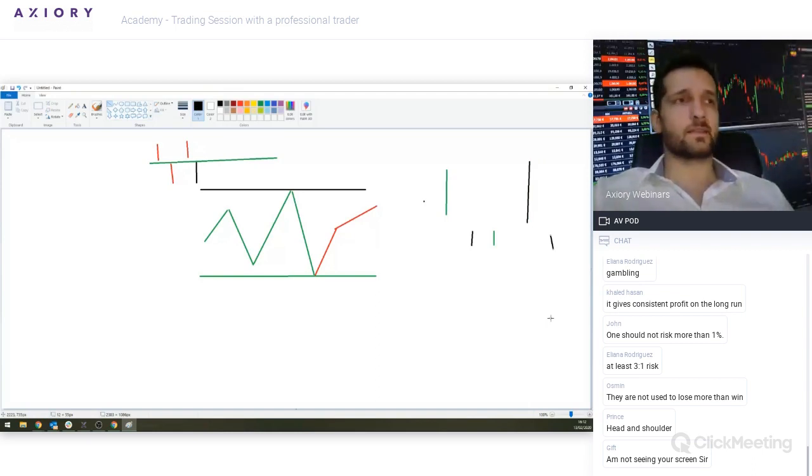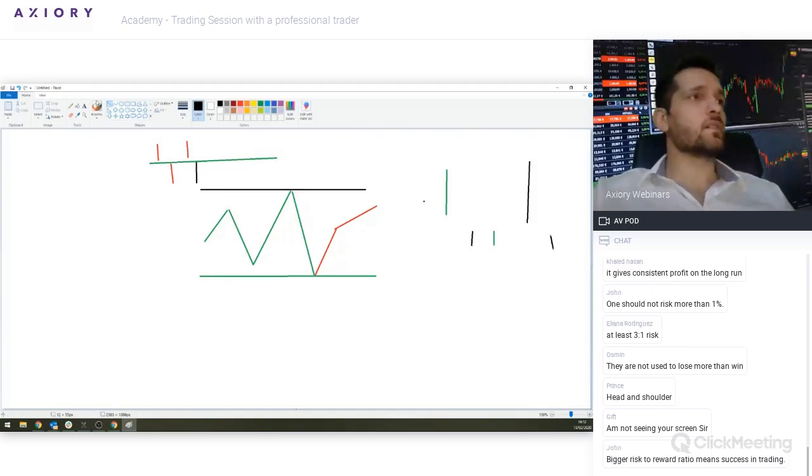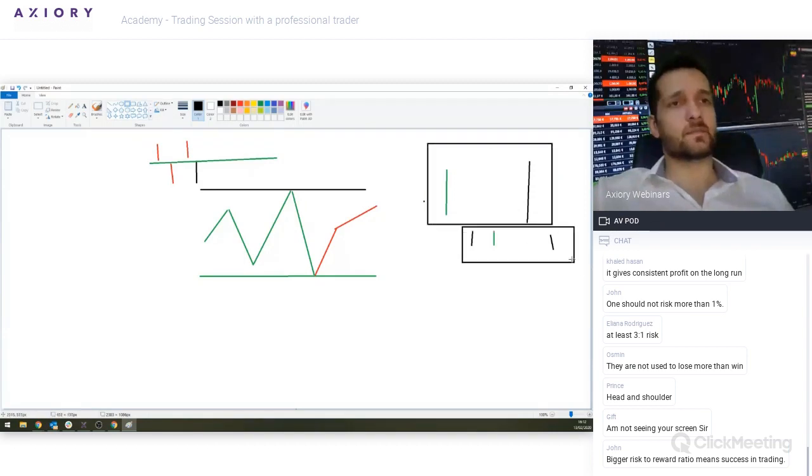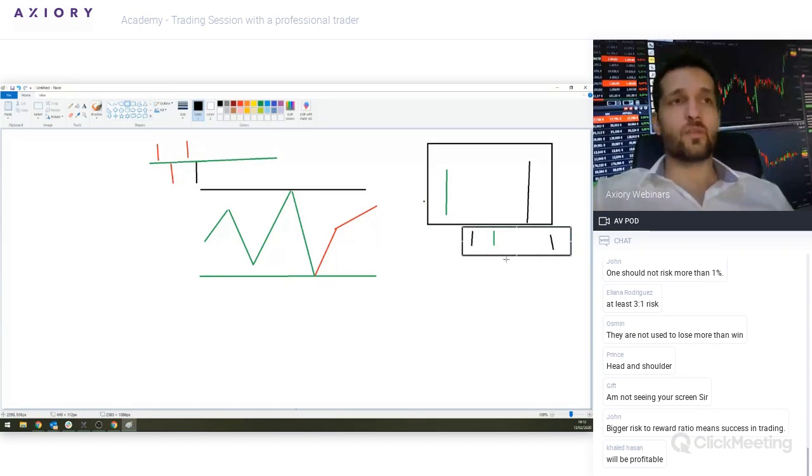What would happen, guys? You would have much more money from the wins than from the losses, but you would have more losses. So you would be wrong on this market 3 times and you would be right 2 times.